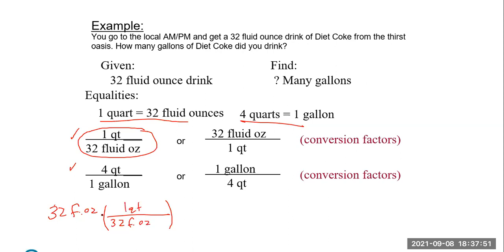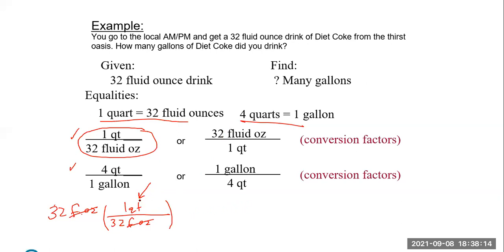And again, if I stop the calculation right at this point, fluid ounces divided by fluid ounces would cancel. I would actually be left in the units of quarts, which would be on top. That's close to what I want, but again, I do want gallons. So we do want to go one more conversion. I'm going to continue on with the calculation. You could get an answer and then continue on.